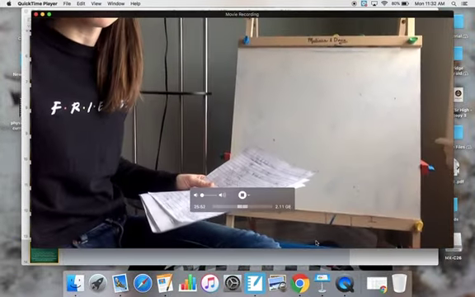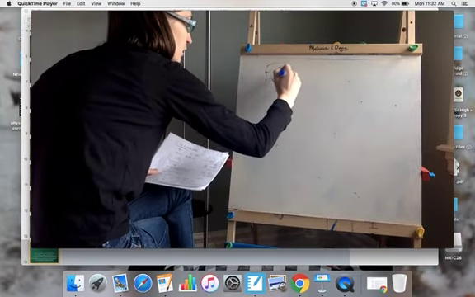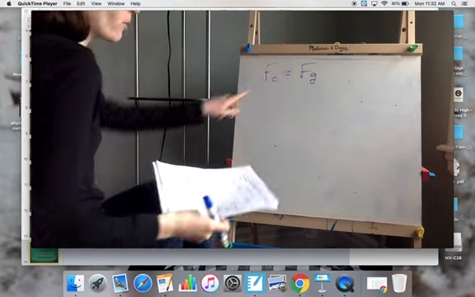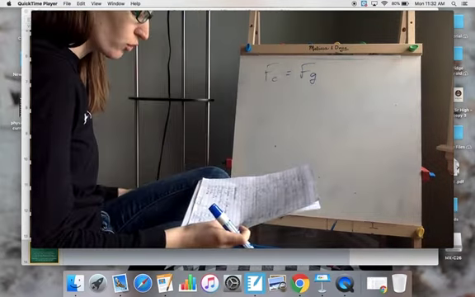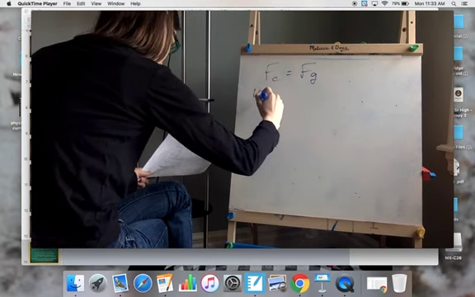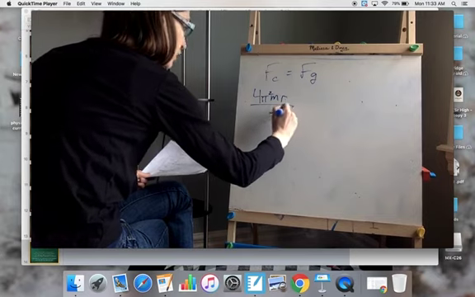Again, it's that idea of centripetal force equaling that force of gravity. If you remember, we looked at two different formulas for centripetal force. One was mv squared over r, but the other one, if you look at your formula sheets again, was 4 pi squared mr all over t squared.